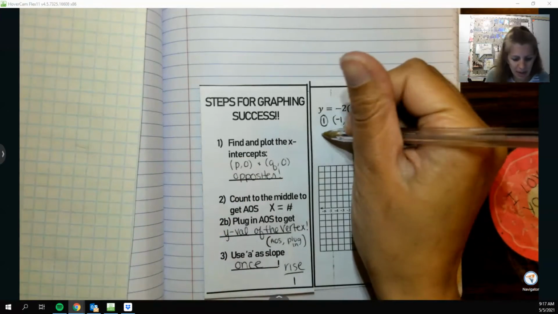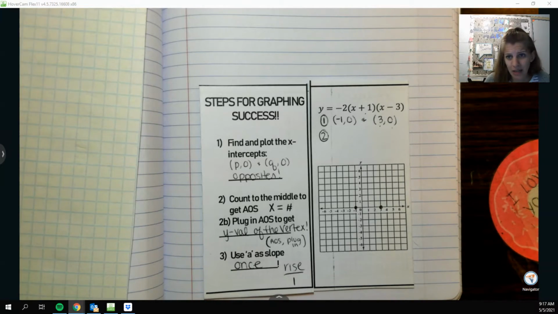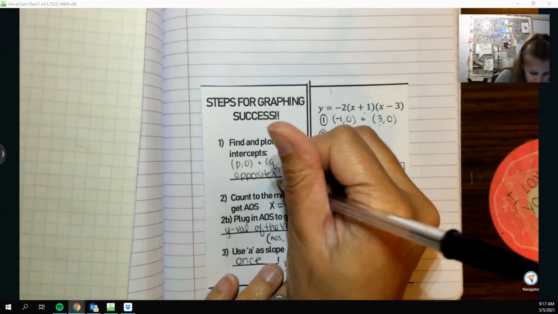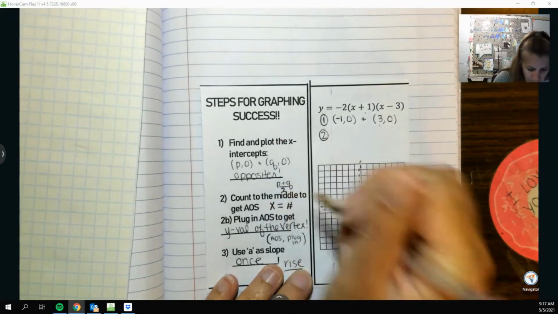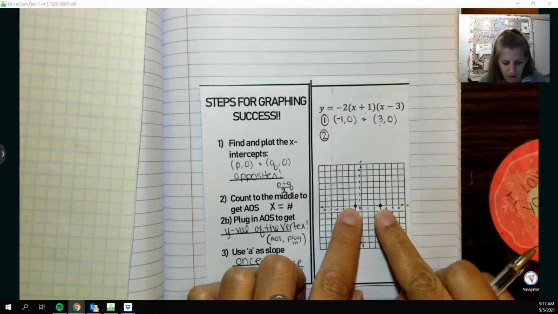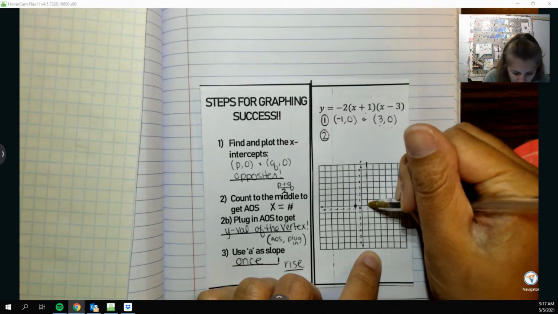And here's where I'm talking about step 2. Step 2 kind of happens on the graph. Now there is a low-key formula for it. I guess I'll give it to you. You kind of add up P and Q and take half. But I just like to do it until I get to the middle.